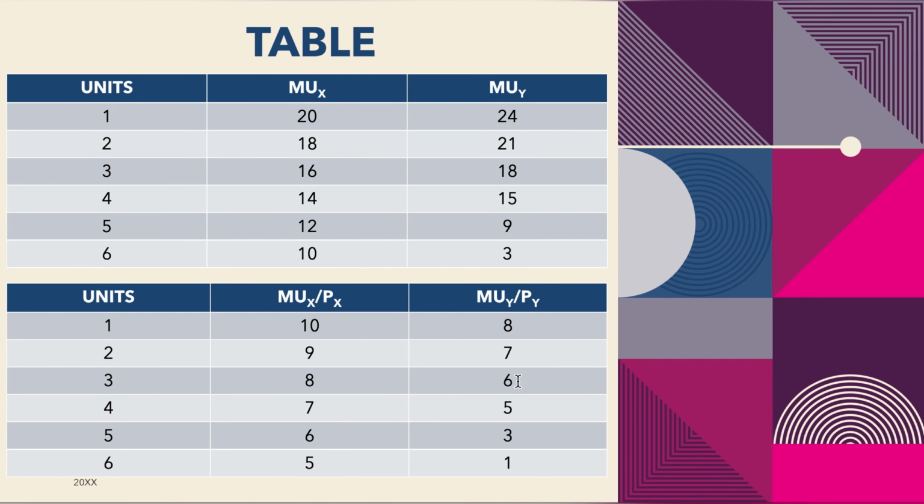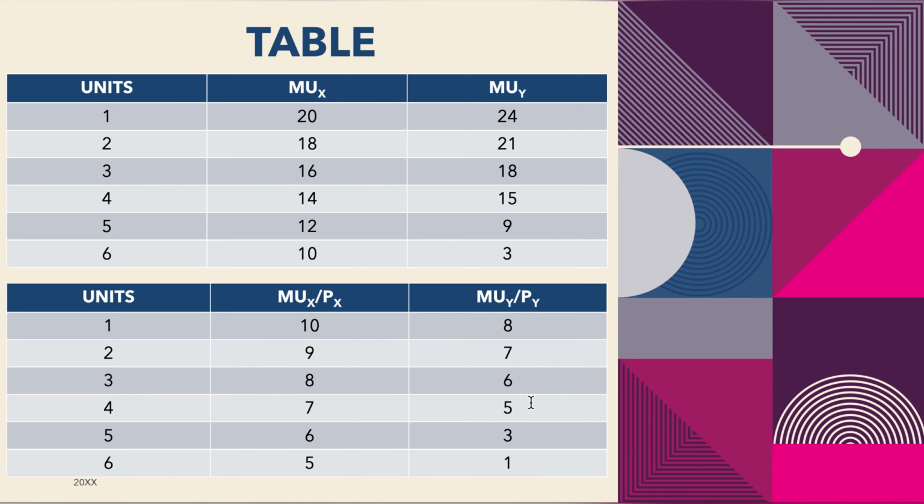So when a consumer is consuming 3 units of good Y and 5 units of good X, the consumer will be in equilibrium because the last money spent on each of the goods yields the consumer the same satisfaction, as we can see from this table.